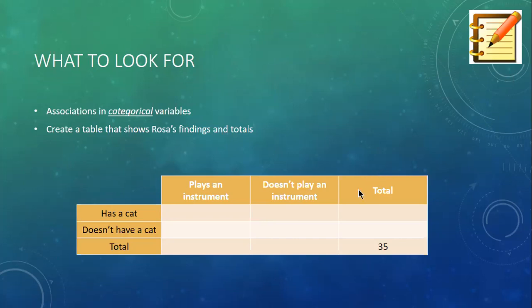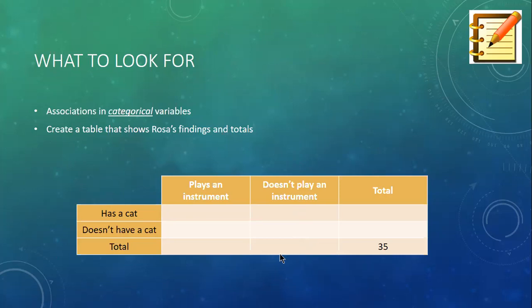So we're going to create a two-way frequency table, and if you can see here, one of my variables was playing an instrument, and notice that I have two columns that have to do with an instrument. I have plays an instrument, which would be yes, I play an instrument, or doesn't play an instrument, which would be responses that are no, I don't play an instrument.